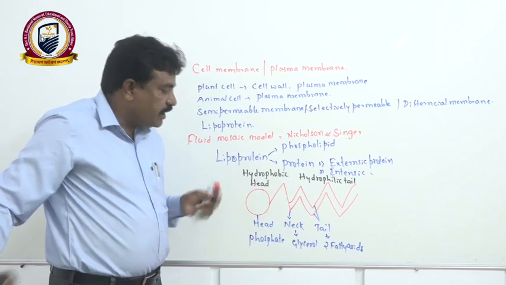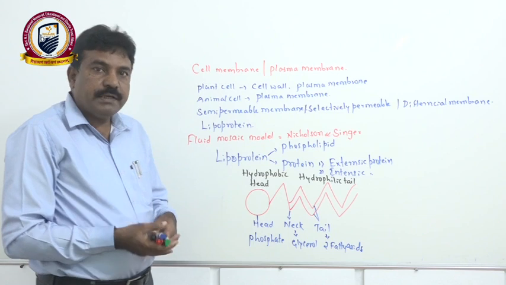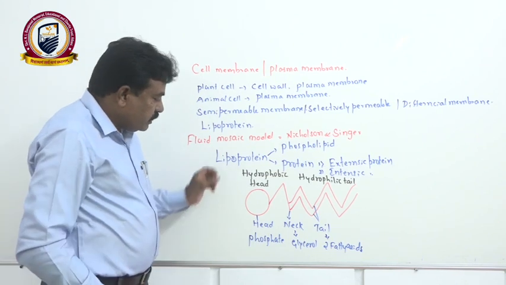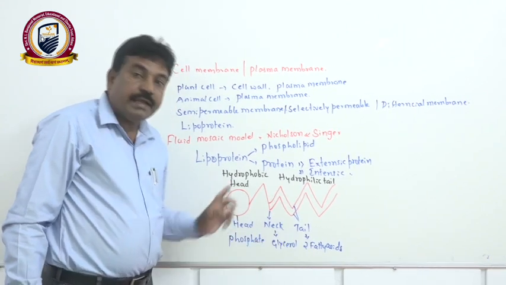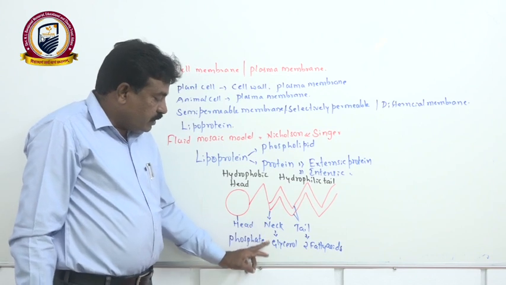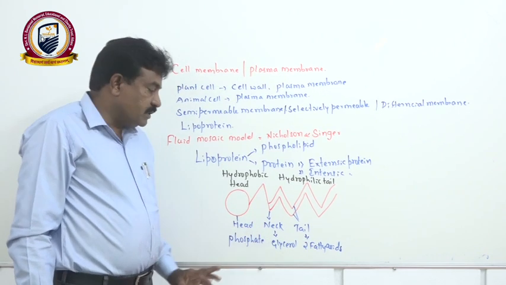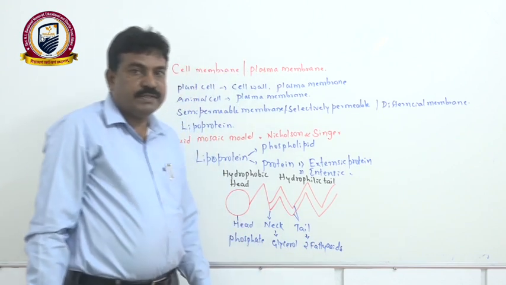This is regarding the phospholipid molecule. Typically, the phospholipid molecule can be structurally differentiated into head, neck and tail. The head is composed of a phosphate molecule, the neck of one molecule of glycerol, and the tail of two molecules of fatty acid.